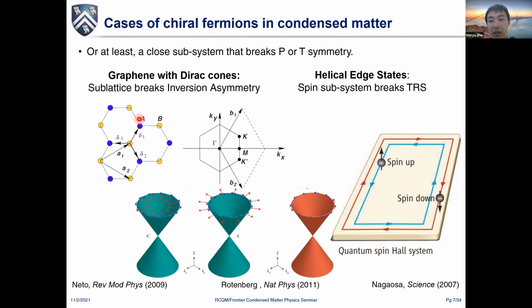So we know that graphene holds Dirac cones. Some people say the Dirac particles in graphene are chiral, but just consider that graphene doesn't break any symmetry by itself, right? It has two carbon atoms, it has inversion symmetry, it has time reversal symmetry.